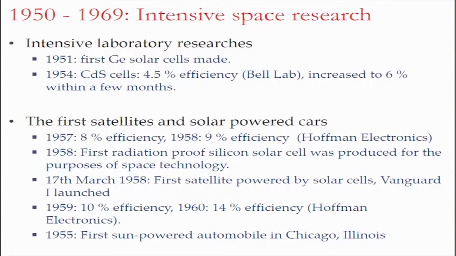And then in the 50s to 60s, intensive space research was conducted, primarily on solar. The problem with space was that if you wanted to send satellites, you needed them to be powered up, and there is no way you can send cables from Earth to space. So, what was the source of electricity? The photovoltaics was the source of electricity.